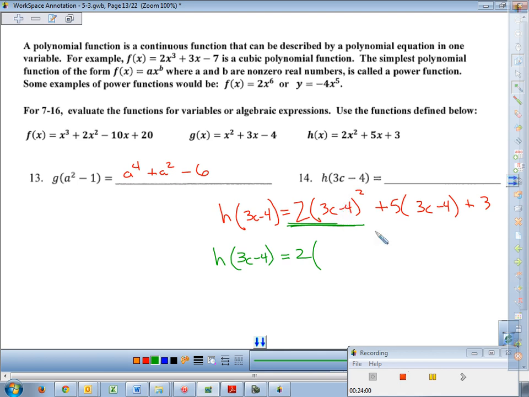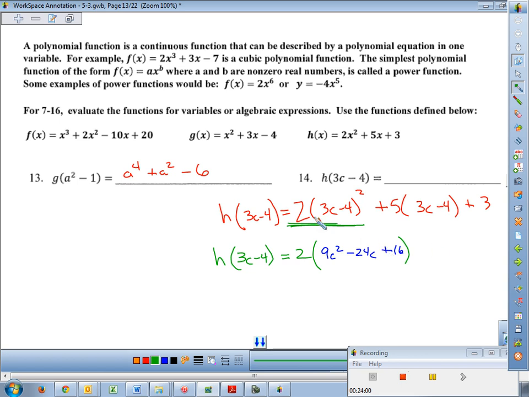See if you can get that binomial squared correctly. Square the first guy, twice the product, square the last guy. Then I'm just going to keep on moving to the right. Right, I'm going to do that times 2 later in the next step. Right? Don't try to do too much at one time. You'll make a bunch of mistakes.